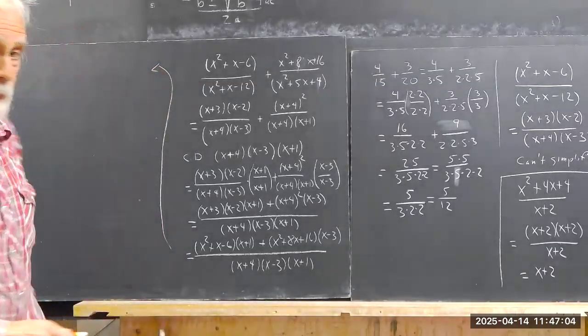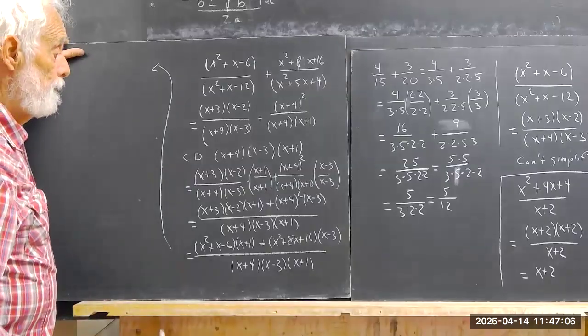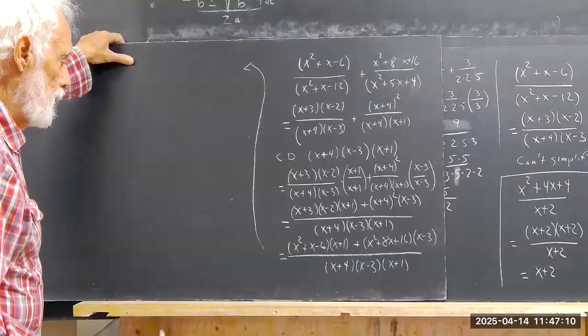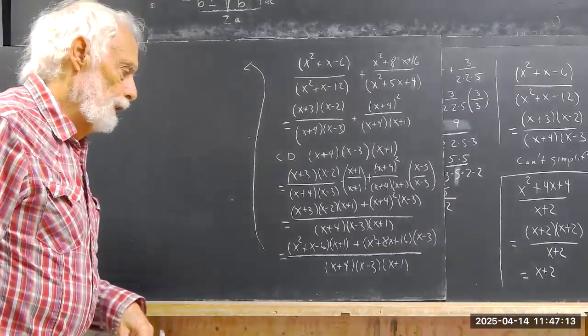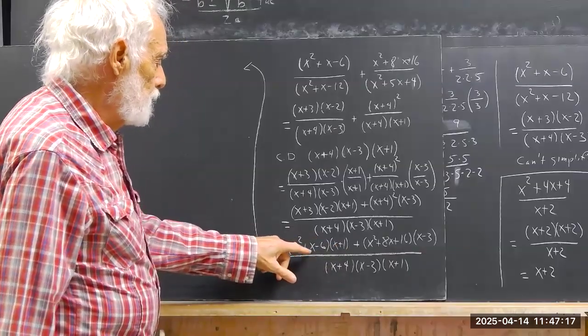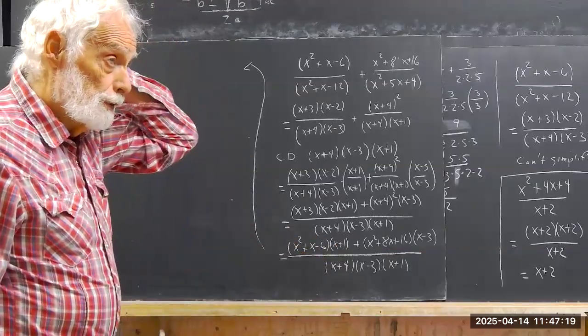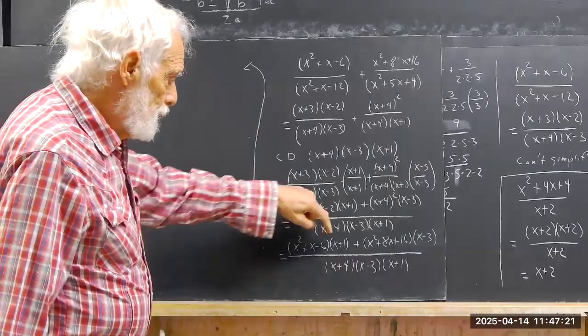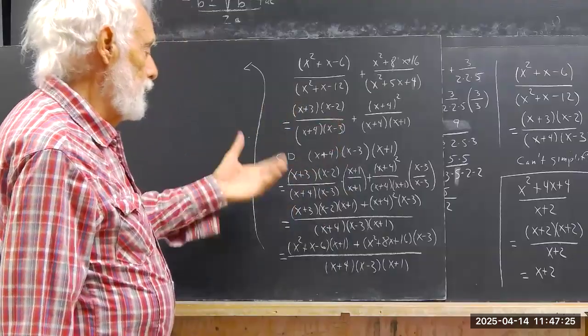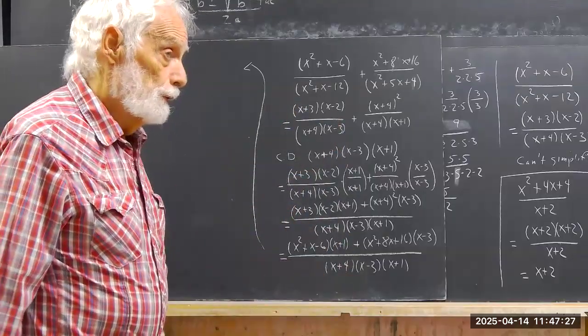Well, I need to bring this up a little higher on the board. I'm just going to assert now, if I multiply x plus 1 times x squared plus x minus 6 using the distributive law, I'll have, well, I'm just going to say what I get because we've been over the distributive law.